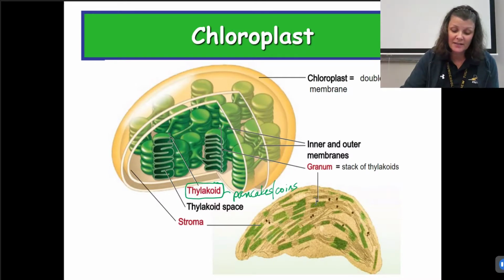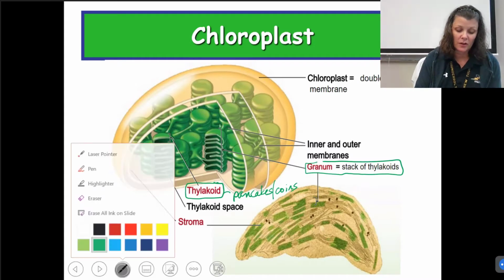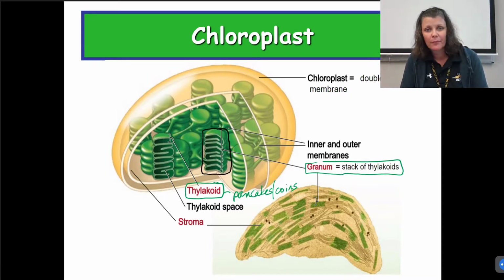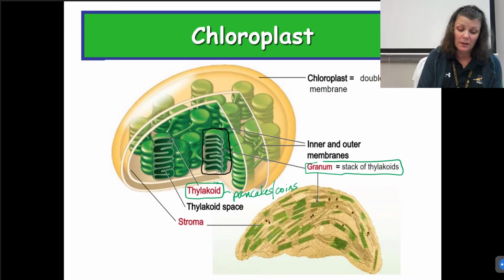But then a stack of thylakoids is called a granum. So like this whole thing right here is a granum, which is a stack of thylakoids. The space that exists between the thylakoids and the membrane of the chloroplast is called the stroma.